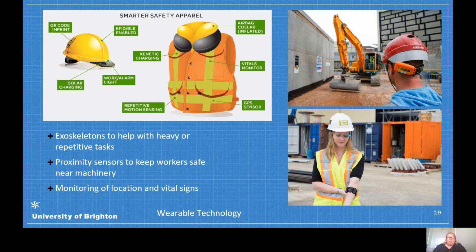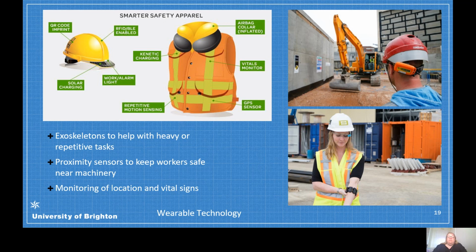So that's one way they can be used, and they can either be built into something like a smartwatch or into something like this high-vis vest, which has got all sorts of different sensors in it. It can also inflate partially when it detects something like a fall that help protect you. There are all sorts of different types of sensors that we can use.